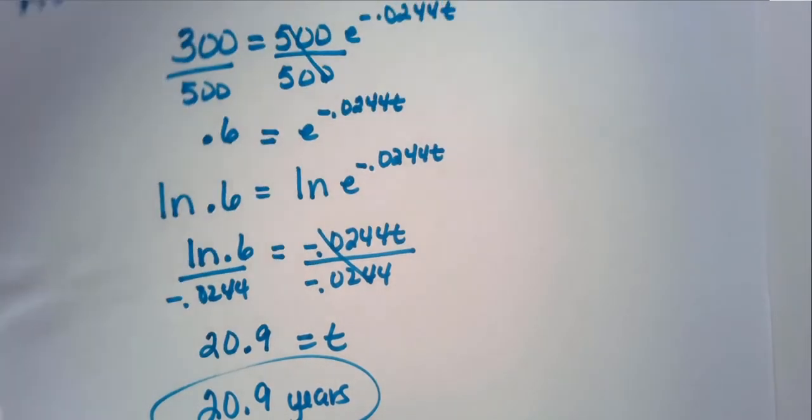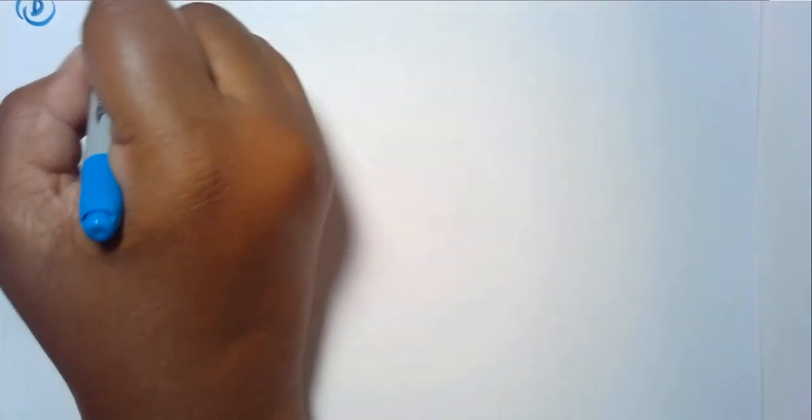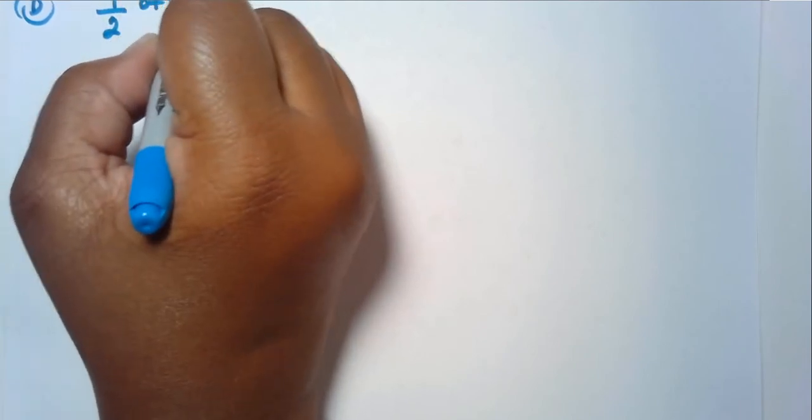Our last question here, D. It says here, what is the half-life of strontium 90? Well, if it's telling us initially that the scientist has a sample of 500 grams of this radioactive material, then half of 500 grams is going to give us 250.